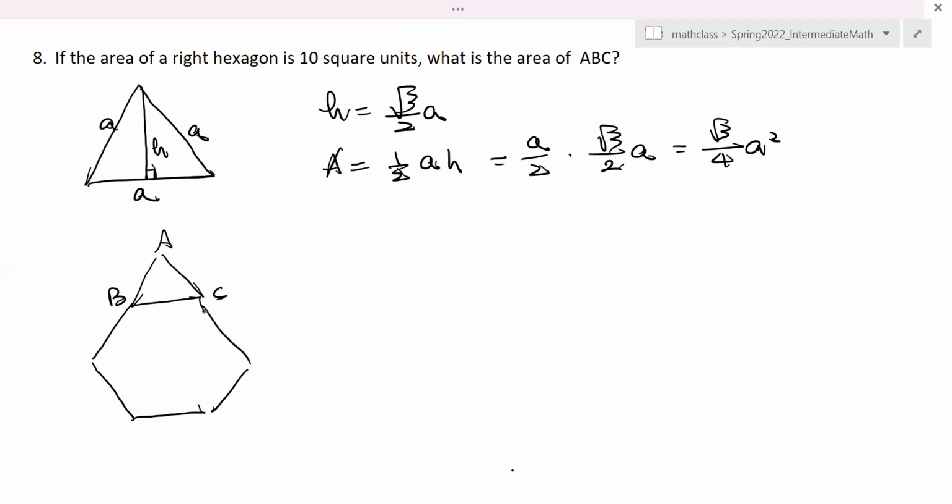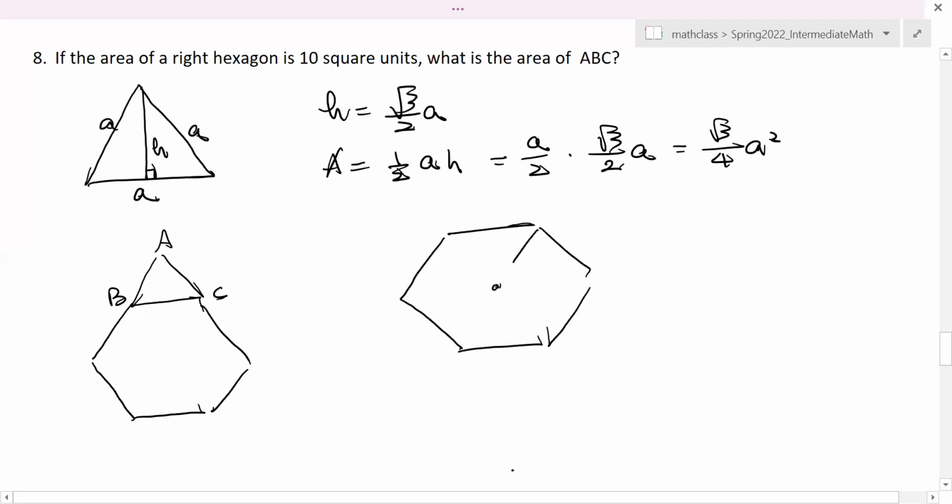I probably don't need the formula, but I'll tell you the area formula for a hexagon is like that. What you need to know is that a regular hexagon consists of 6 equilateral triangles. In a regular hexagon, each angle theta is first of all going to be 360 degrees total divided by 6, that's 60 degrees.